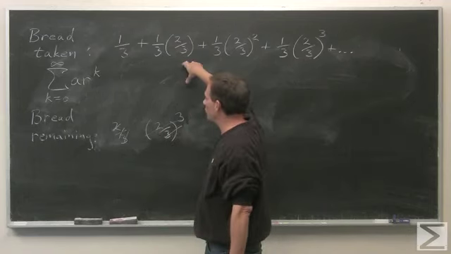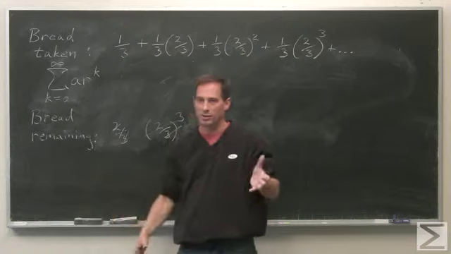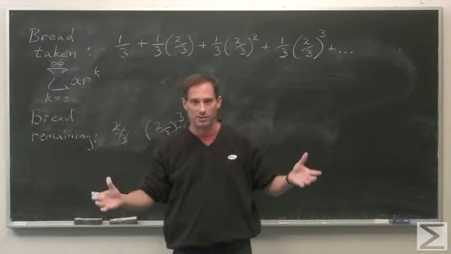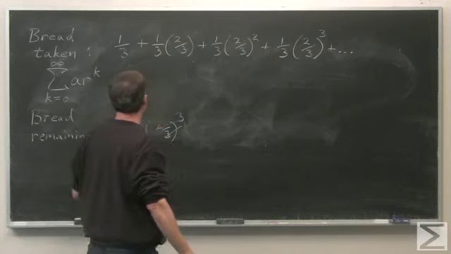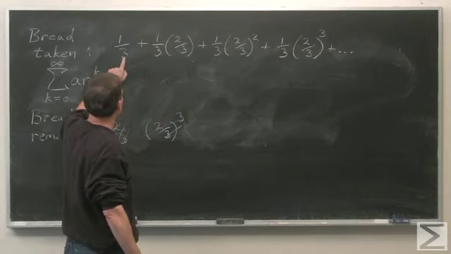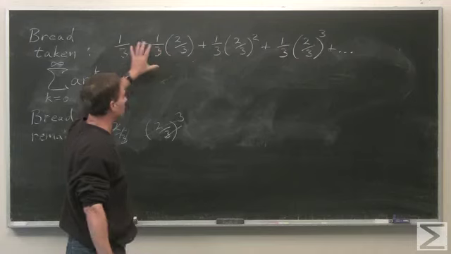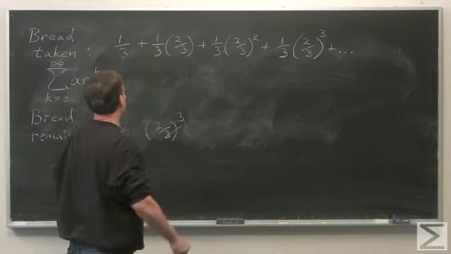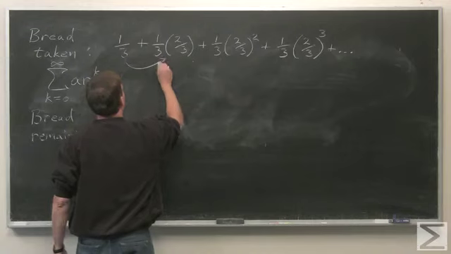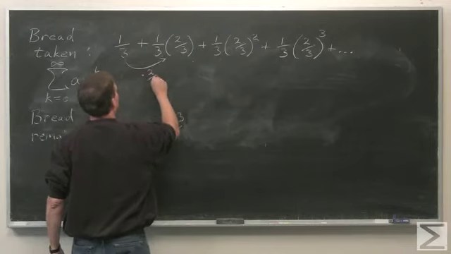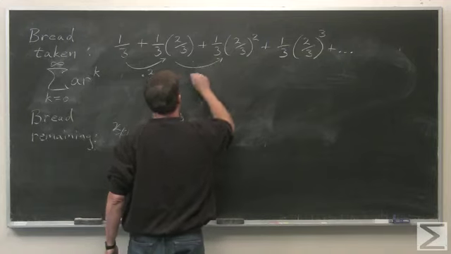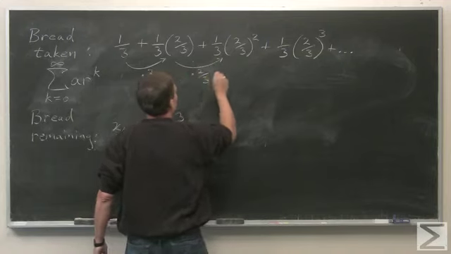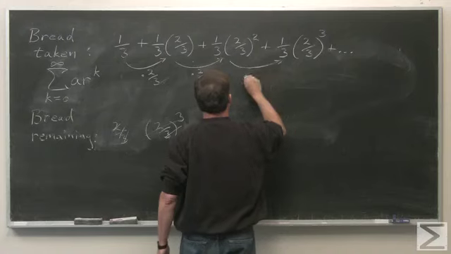So if you saw this, and it's not written in summation notation, how do I recognize it as a geometric series? Well, you go from each term, each summand, to the next one by multiplying by the same thing each time. To go from there to there, you multiply by 2/3. To go from there to there, you multiply by 2/3. To go from here to here, you multiply by 2/3.